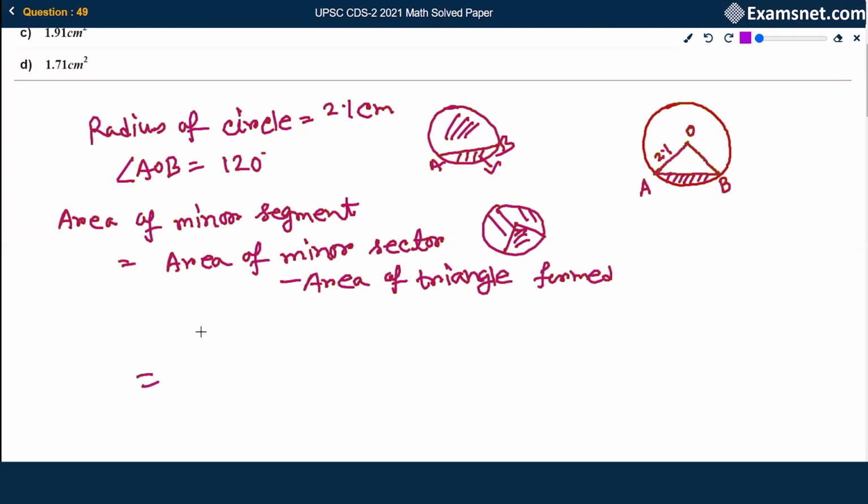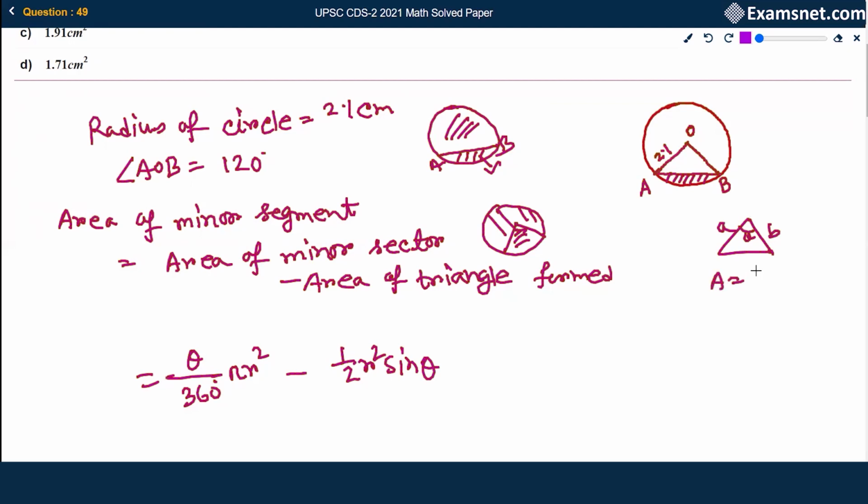Now the area of the minor sector, the formula is theta by 360 degree pi r square, minus the area of the triangle formed, that formula is half r square sine theta. Basically, we can find the area of a triangle with the formula half of AB sine theta.